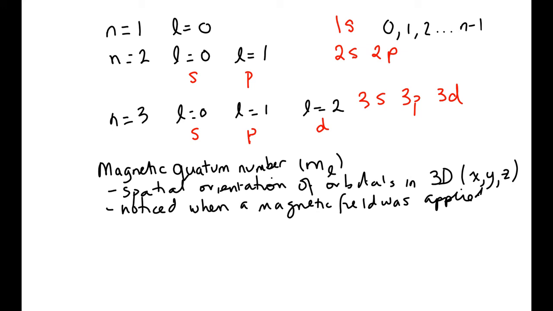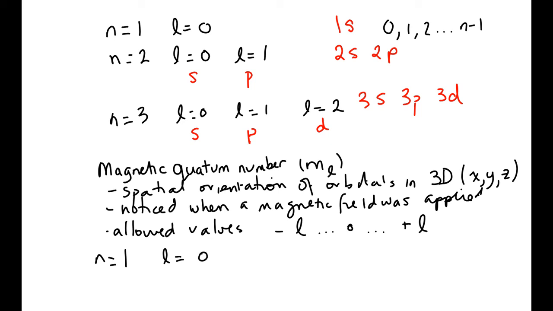The allowed values are from negative L through 0 up to positive L. So if n equals 1, L equals 0, m_L goes from negative L to positive L, where our L value is 0, so our m_L value is 0.